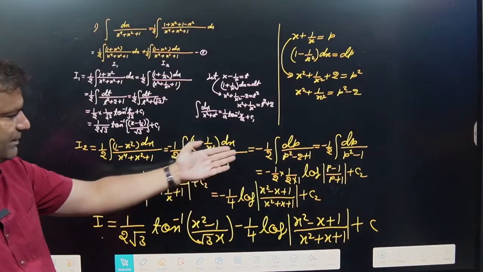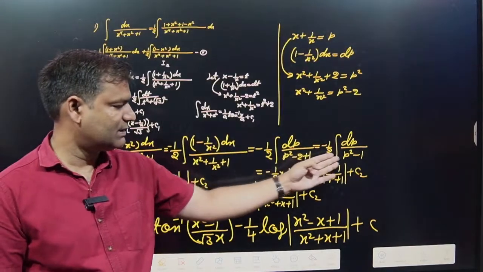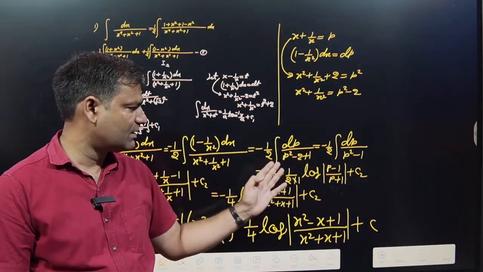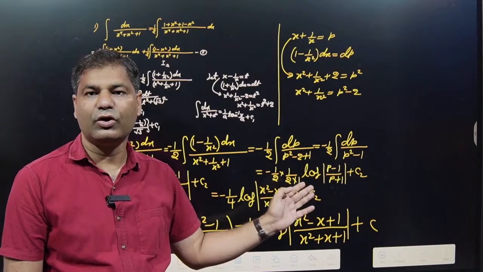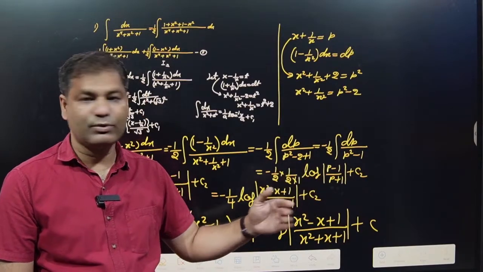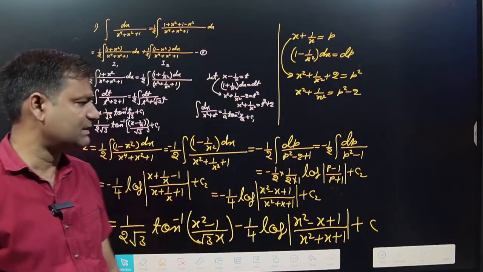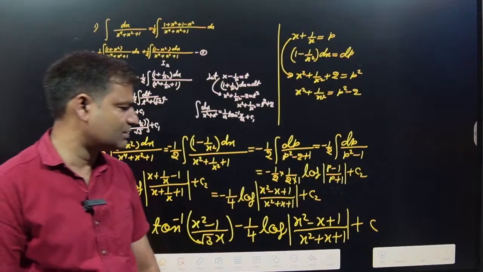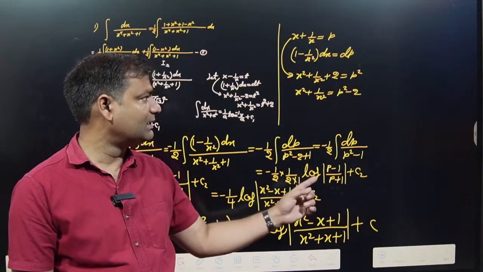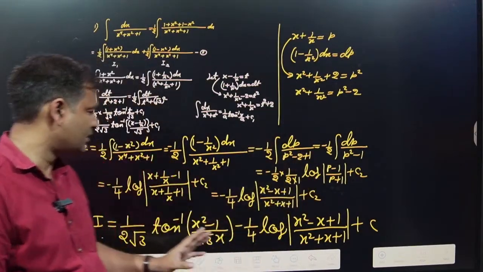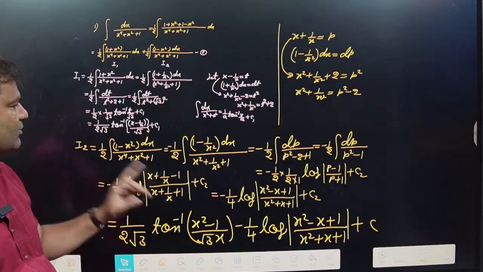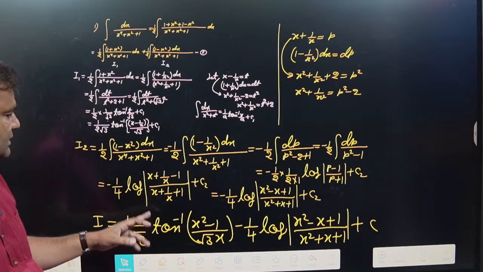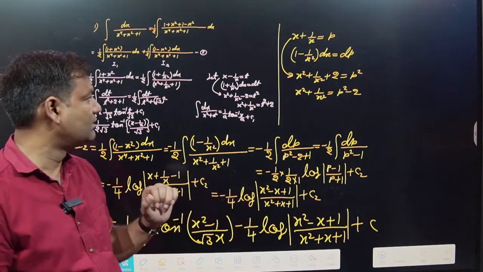So put that value and we got like that one. After that apply formula, 1 upon 2a into log of (p minus 1) upon (p plus 1) plus c, new constant C2. After that p replaced to x plus 1 upon x, then we got simply like that one.